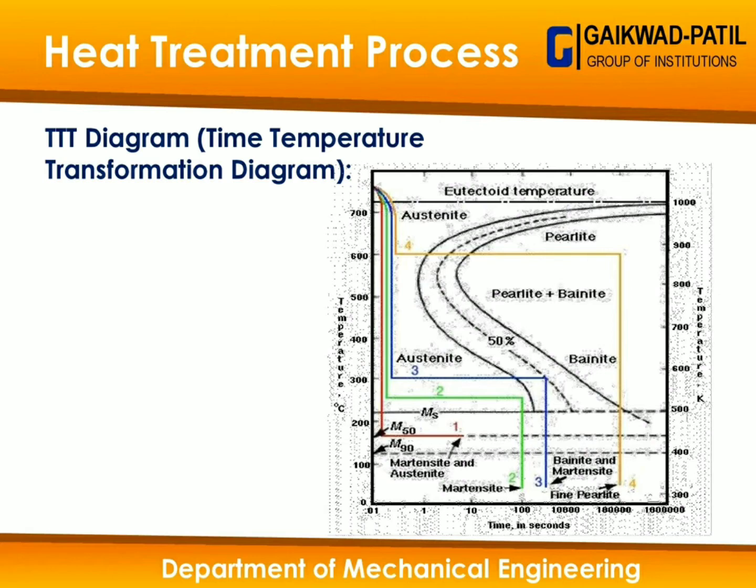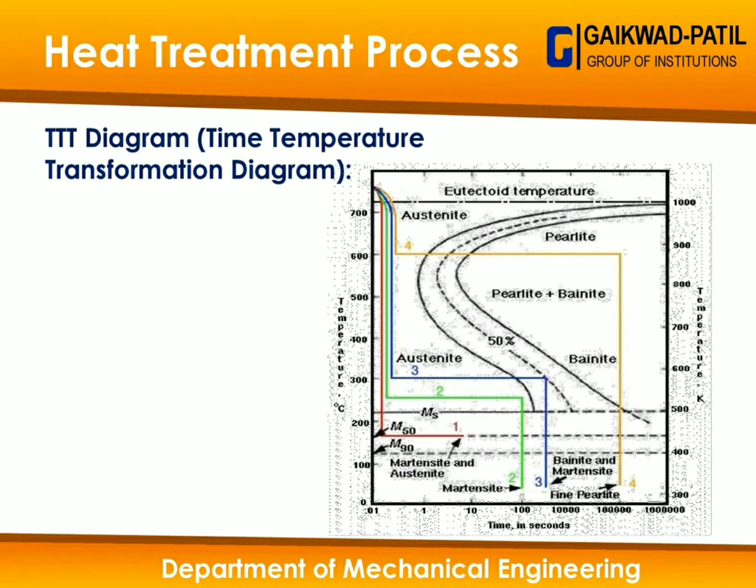The x-axis indicates the time, and the y-axes indicate the temperature, one in degrees centigrade and the other in Kelvin, right? So here the gamma austenite is there. When we see the brown line, it is where the gamma austenite gets transformed into pearlite.